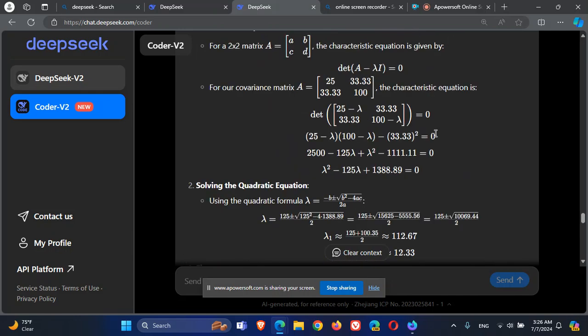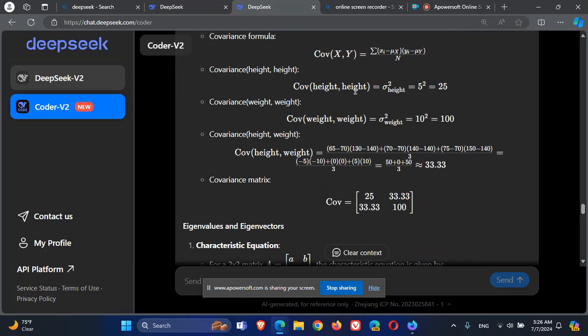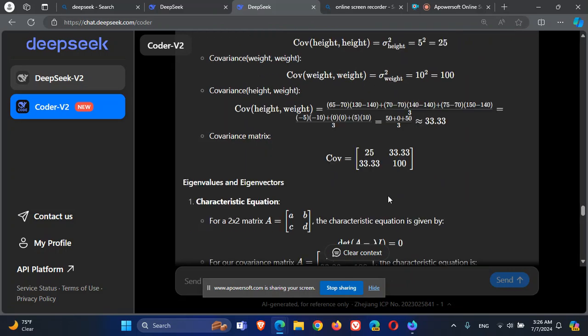So how will I get this? I got the covariance matrix as we saw. Now I want to get the eigenvalues, and then I'll get the eigenvectors, and then I will choose the eigenvector which corresponds to the biggest eigenvalue.